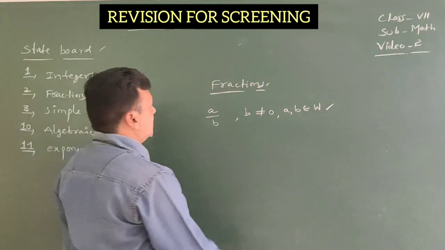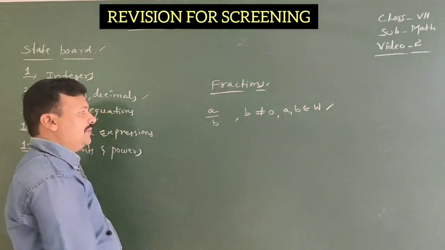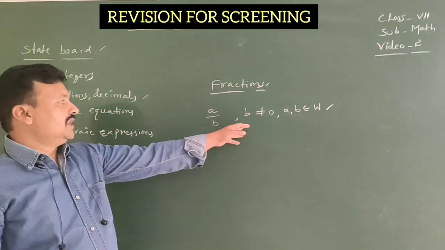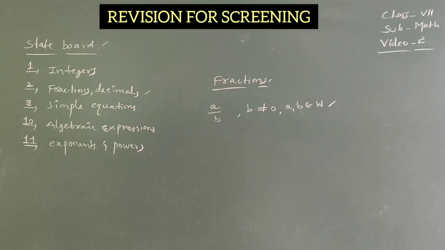Actually, the numbers which are in the form of A by B are called rational numbers. What is the difference between fractions and rational numbers? Rational numbers are the numbers in the form of A by B, where B should not be equal to 0 and A and B are integers, because there are no negative fractions here. That is the only difference.